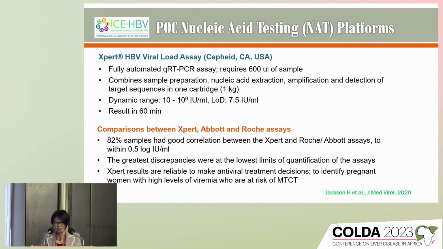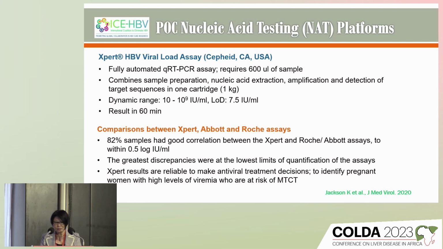Cathy Jackson and co-workers compared the accuracy between these 3 diagnostic PCR assays: the Xpert, Abbott, and Roche. They found that 82% of the samples had good correlation to within 0.5 log IU per ml.